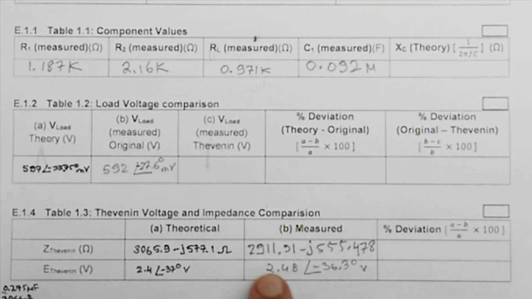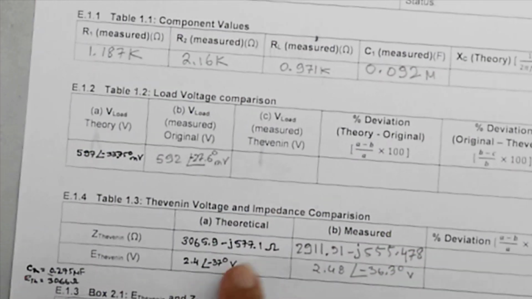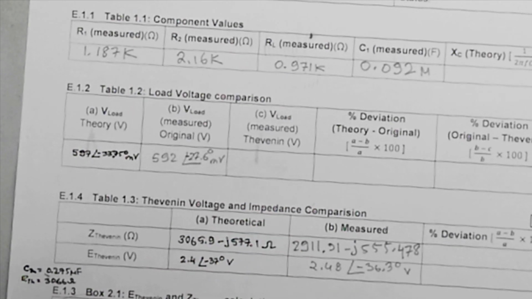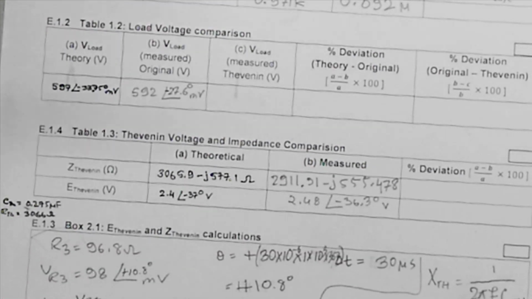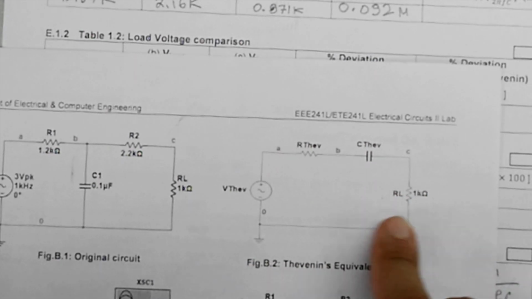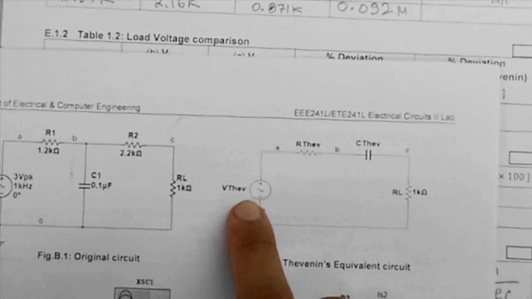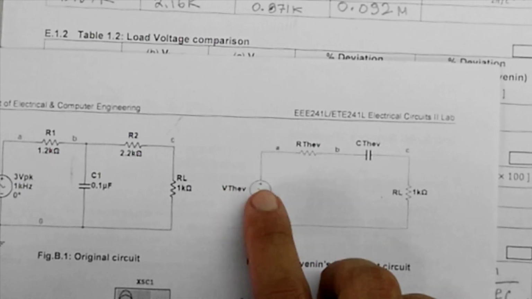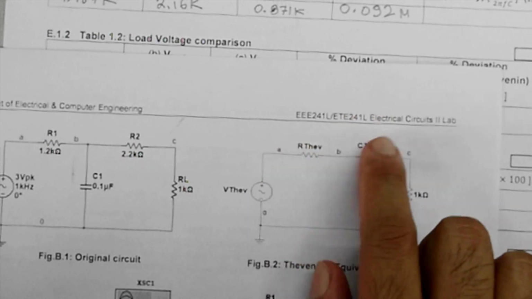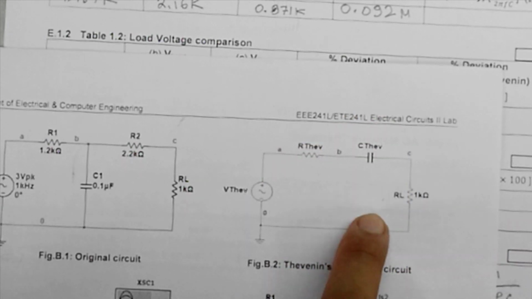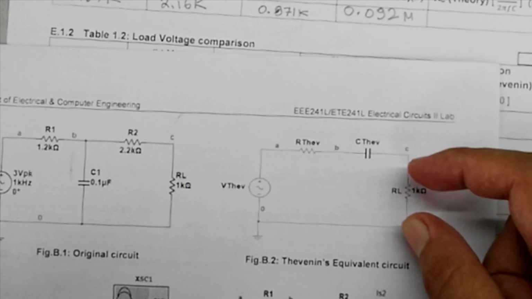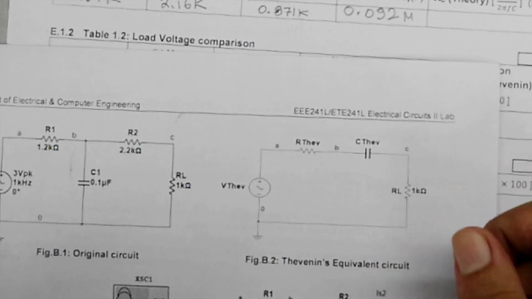So this is our measured impedance and this is the theoretical value which I calculated earlier. So now our task is to implement this Thevenin equivalent circuit where we will input a Thevenin voltage as the source. R Thevenin and C Thevenin will be the Thevenin equivalent replacements, and we will put the load to be 1 kilo ohm, and then we will see what is the voltage drop across this resistance.